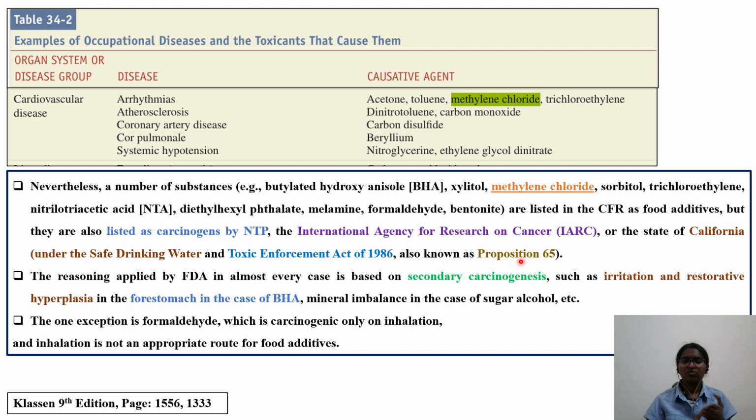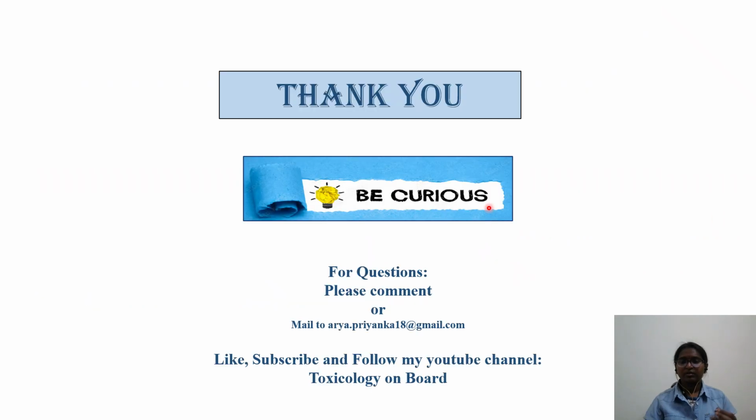Along with this, also read what NTP, IARC, Prop 65, the Toxic Enforcement Act 1986 and the Safe Drinking Water Act are, in detail. Some questions with respect to regulatory agencies may come, and it is a part of the DABT syllabus also. Okay, so that was about methylene chloride.